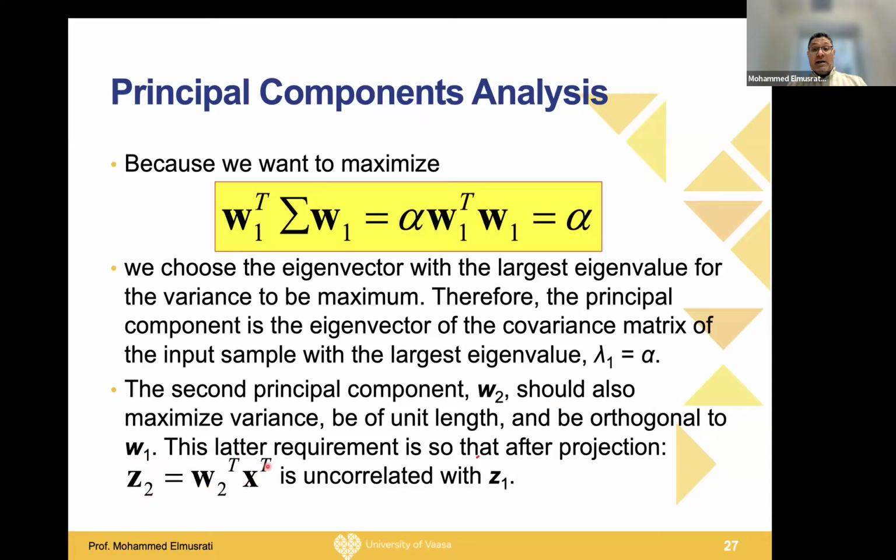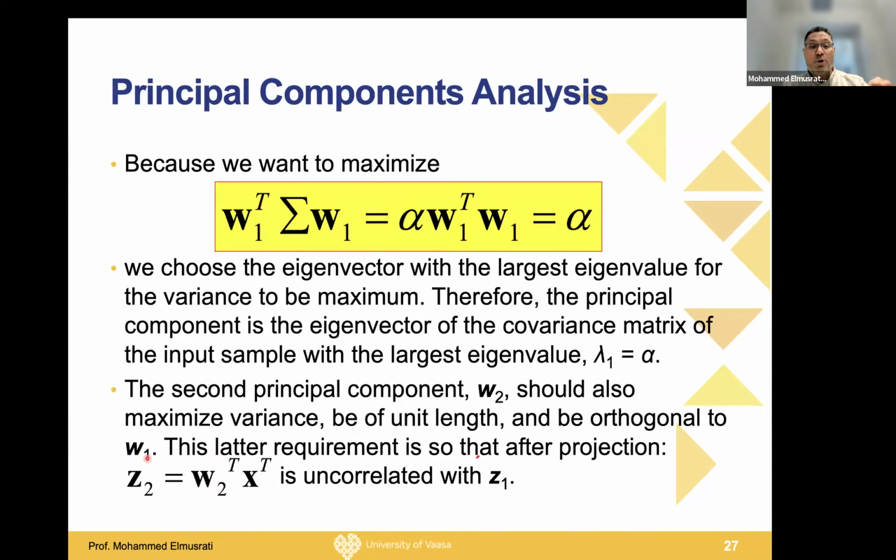However, if you solve only this, you will simply get the first one. You have to add another constraint in your optimization: W2 must be different from W1. Because all eigenvectors are orthogonal, W2 must be orthogonal to W1.